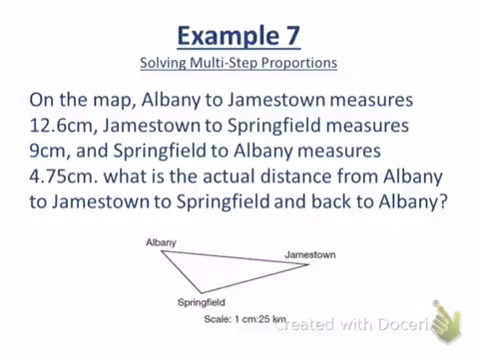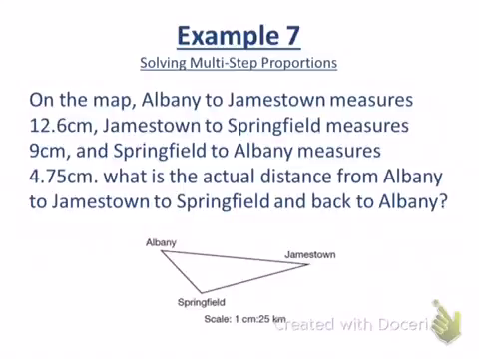On the map, Albany to Jamestown measures 12.6 centimeters. Jamestown to Springfield measures 9 centimeters. And Springfield to Albany measures 4.75 centimeters. What is the distance from Albany to Jamestown to Springfield and back to Albany?